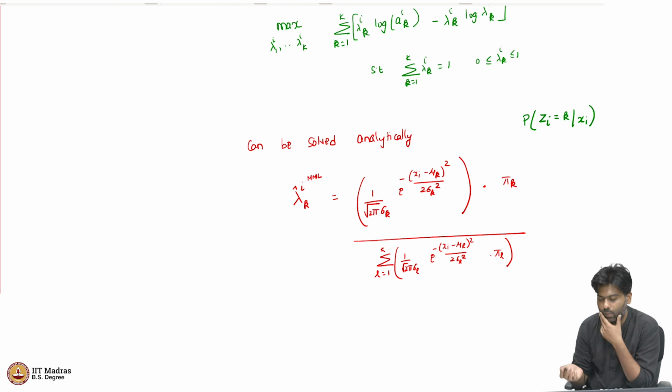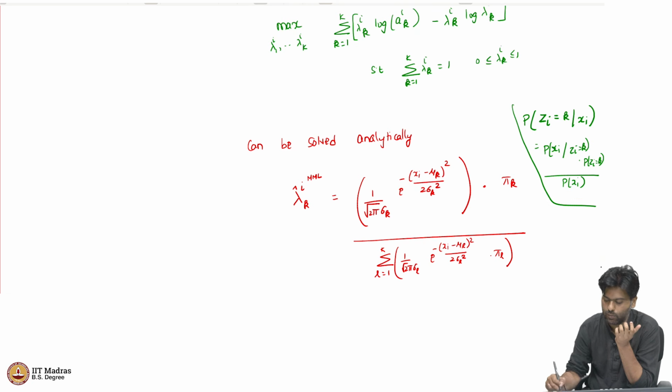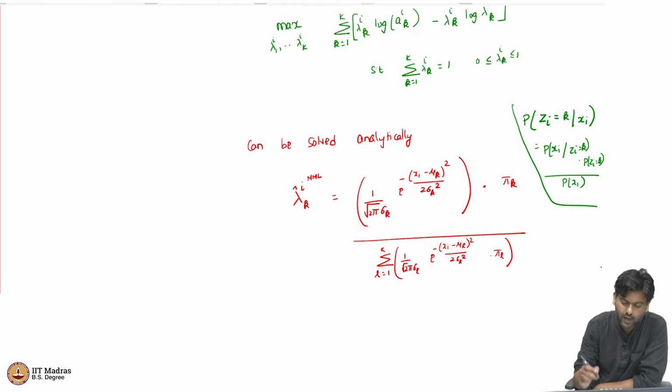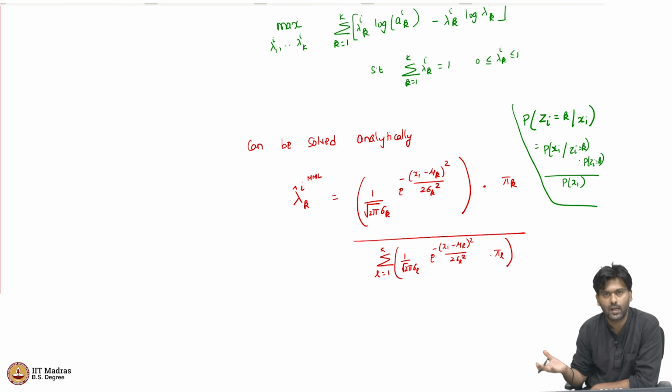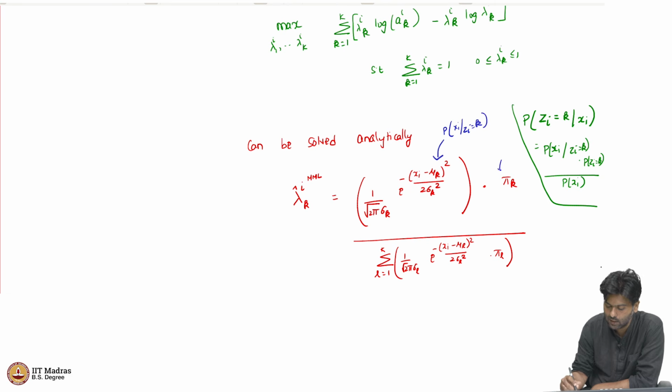Well, I know by Bayes' theorem this is just the probability of xi given Zi equals k into the probability of Zi equals k, divided by the probability of seeing xi. This is what Bayes' theorem would tell me. And now, if I have the parameters mu's, sigma squareds and pi's, then you can verify that this is simply the probability of xi given Zi equals k, because this is the chance that xi comes from the kth cluster. This is simply the probability of Zi equals k, the step 1 chance that the kth cluster is chosen.